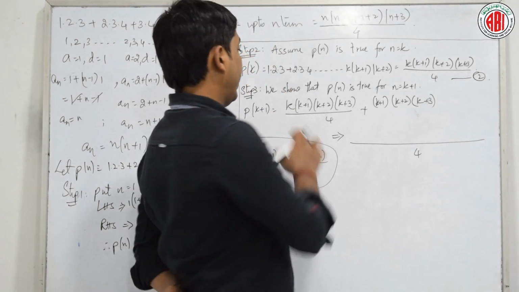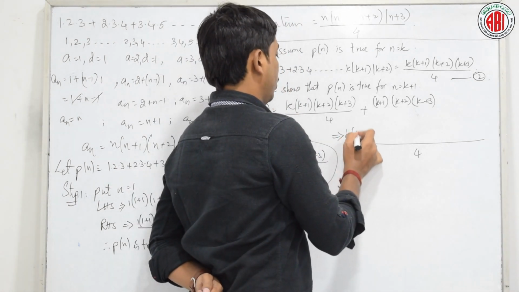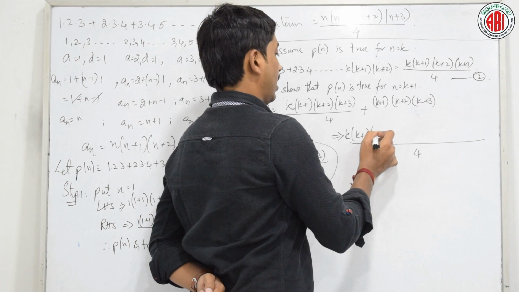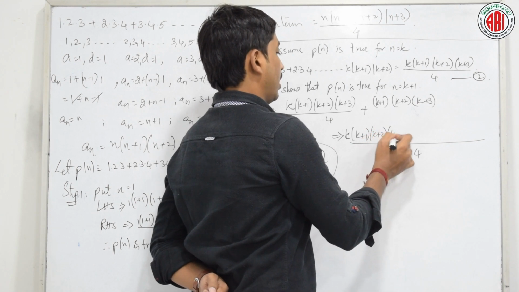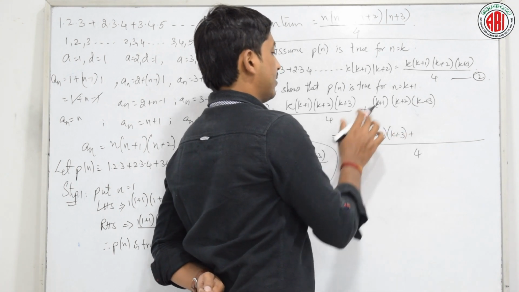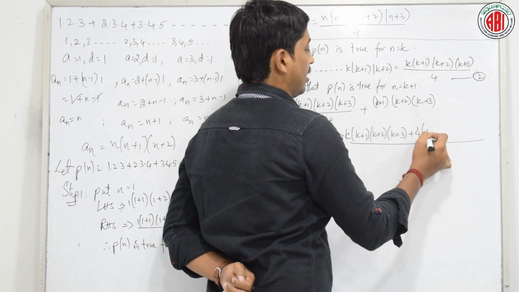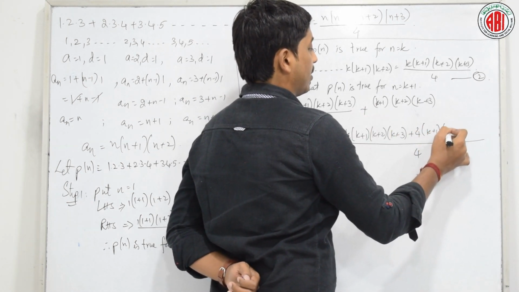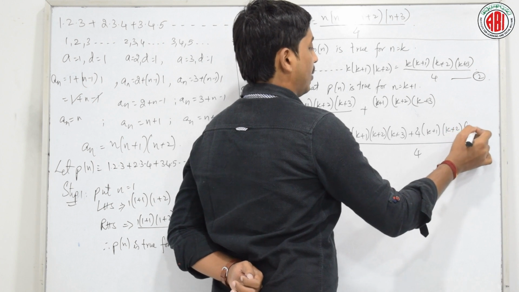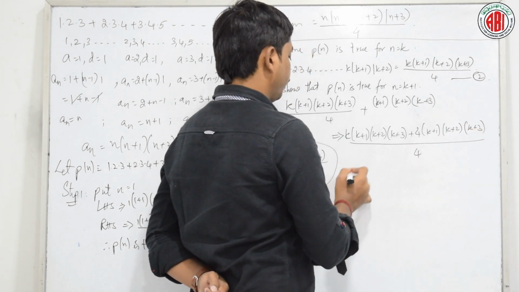What will be left here? k into k plus 1 into k plus 2 into k plus 3, plus here 4 will be coming this side. The left out is k plus 1, k plus 2 and k plus 3.